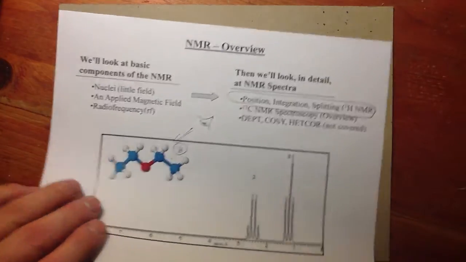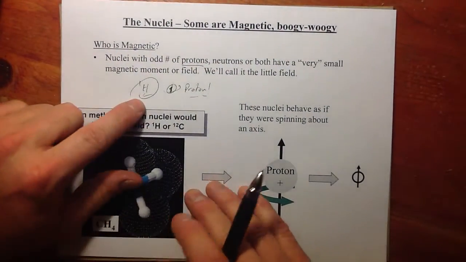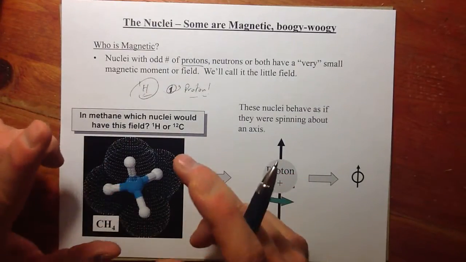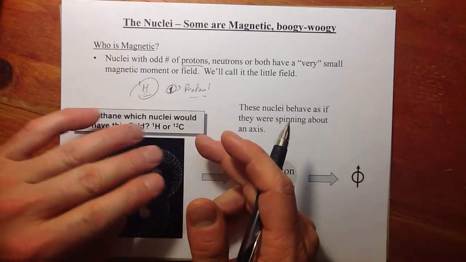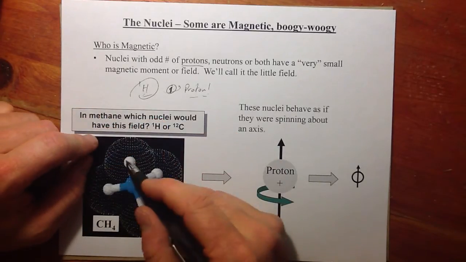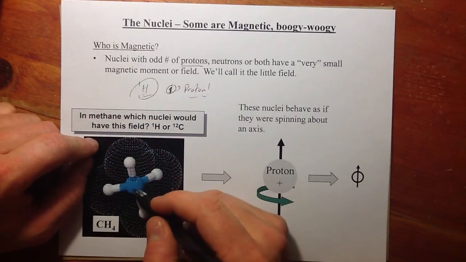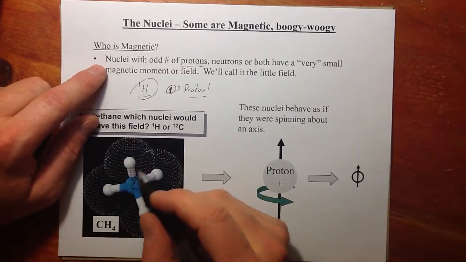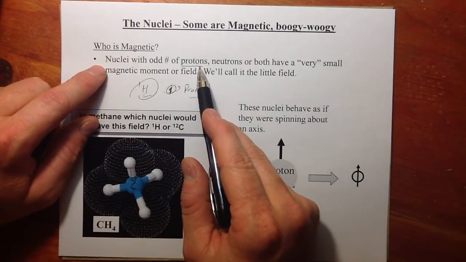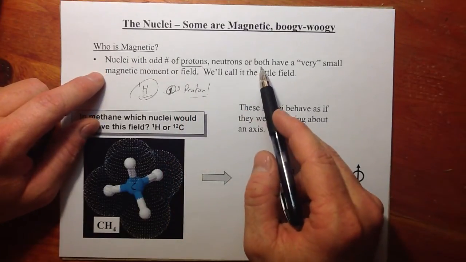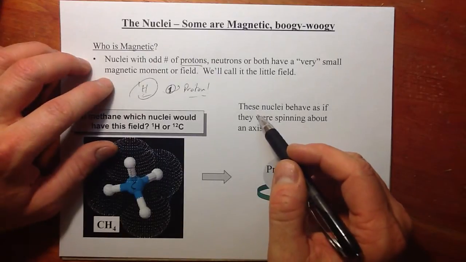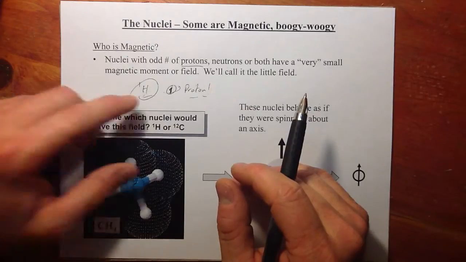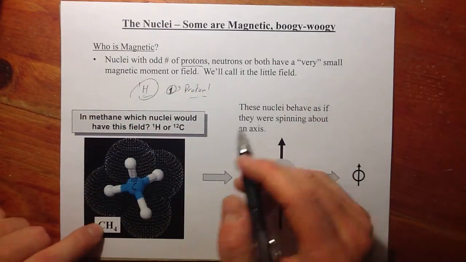So let's look at that proton in a little bit more detail. Let's take the simplest structure, methane. We could say methane has 4 protons, 4 proton atoms, bonded to this thing in blue, a carbon. Well, a nucleus with an odd number of protons, neutrons, or both has a very small magnetic moment or field. Carbon certainly doesn't.